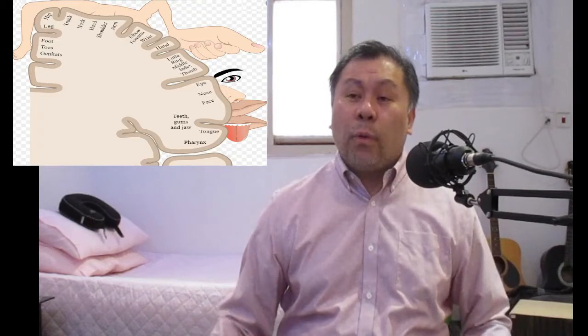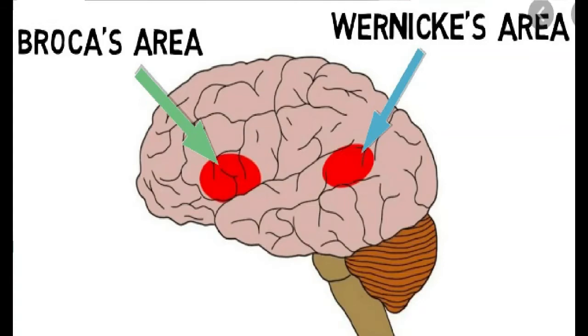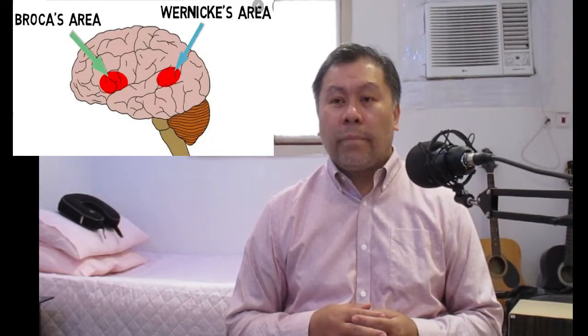What is the estimated weight of the brain in grams? It is about 1300 to 1400 grams. The area of the brain responsible for speech production is Broca's area.